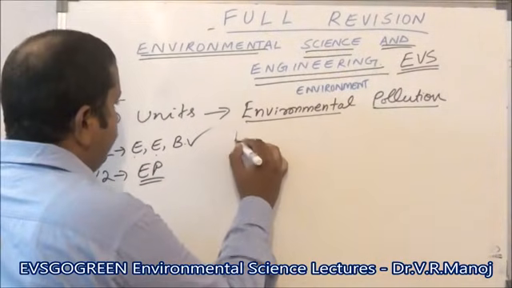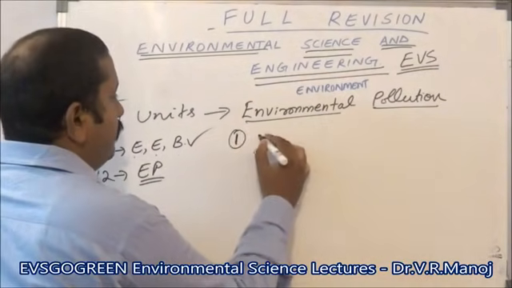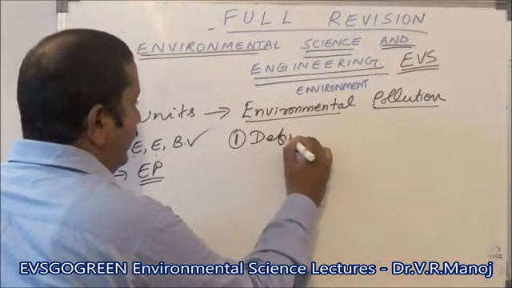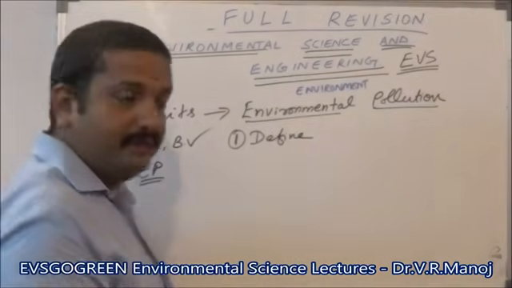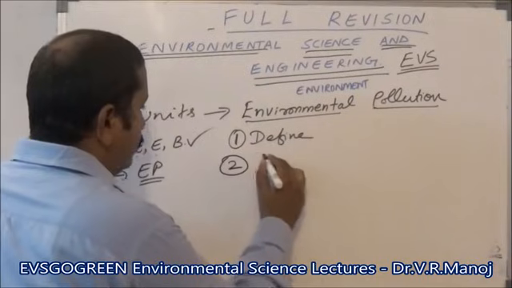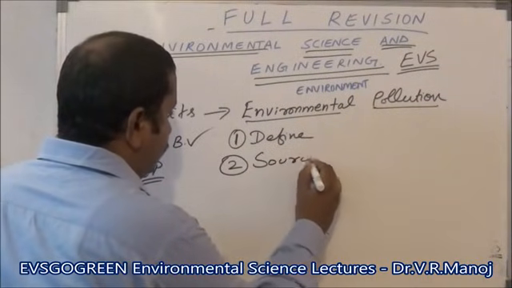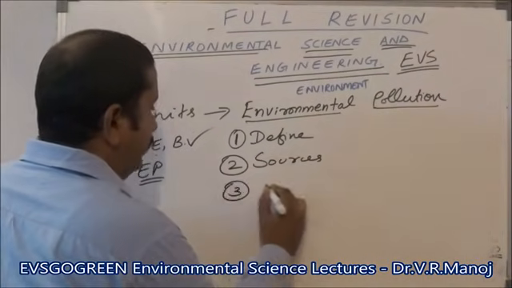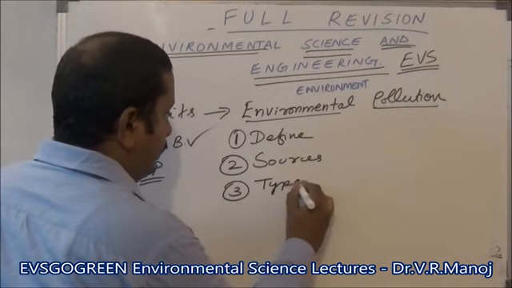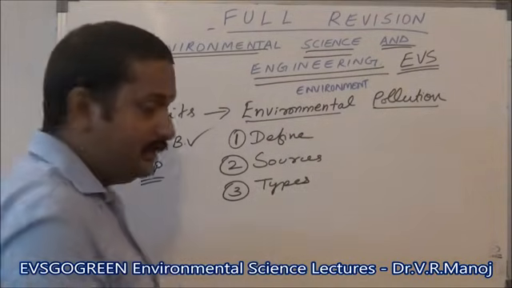So what are they? Please follow the 6-step method. Number 1, you define the pollution. Number 2, you talk about the sources of pollution. Number 3, you tell about the types of pollution.